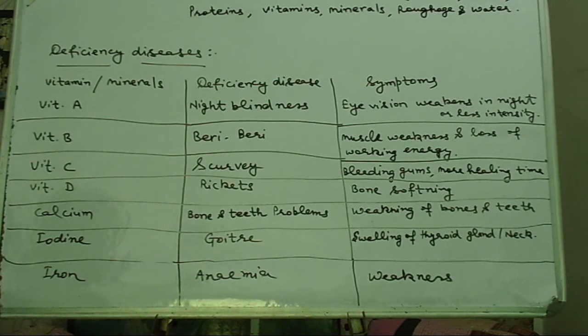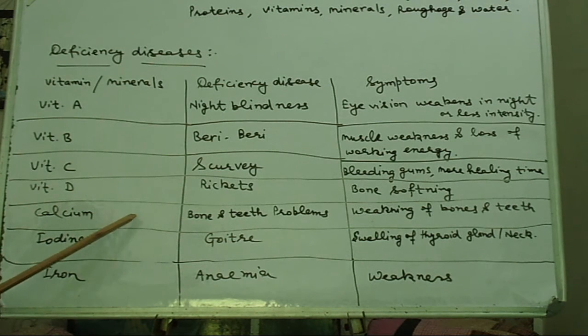Iron is also necessary. That iron we take from so many vegetables. From apple, iron is very good. Sweet potato is a good source of iron.